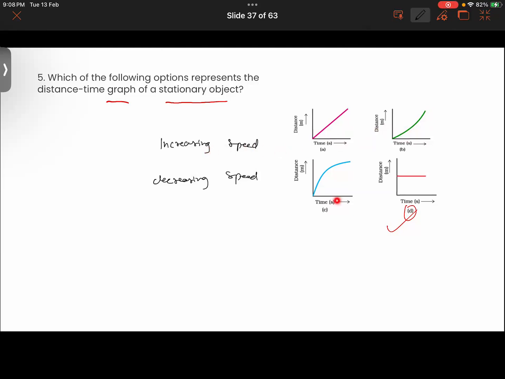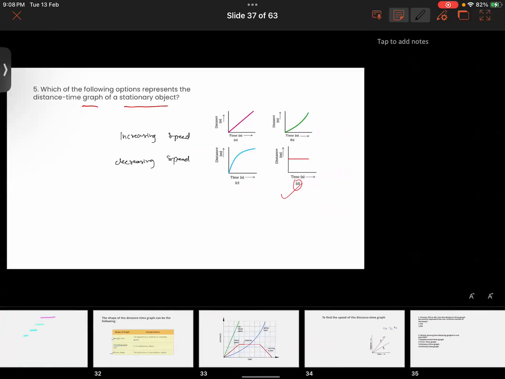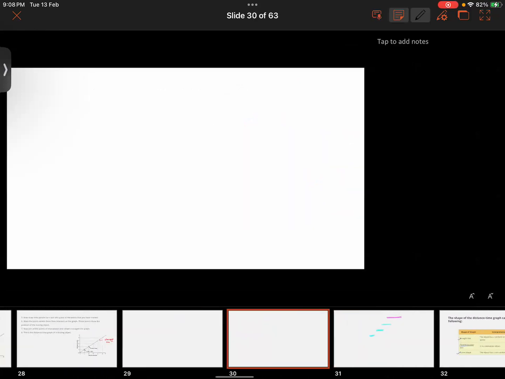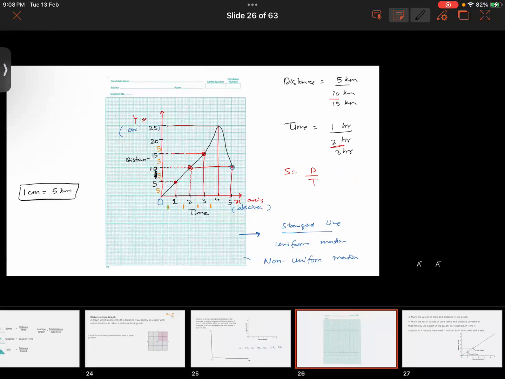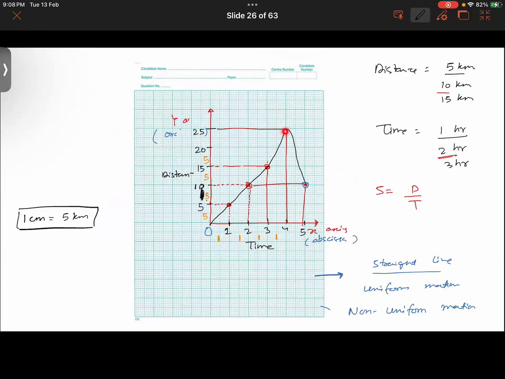And the graph that is curving in a downward manner will be decreasing speed. How? If you recall the example we had earlier, this line is going downwards, so thereby the speed of the vehicle was decreasing. Getting it now?